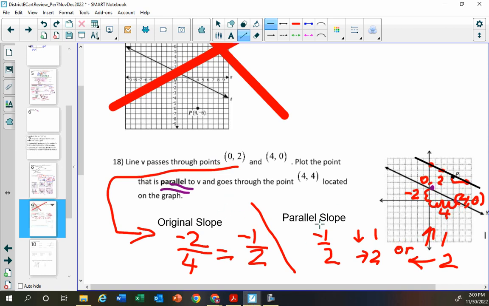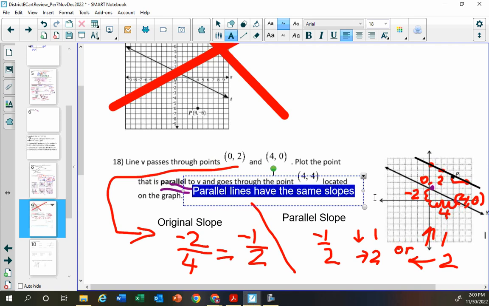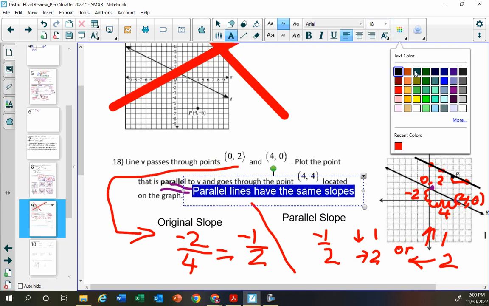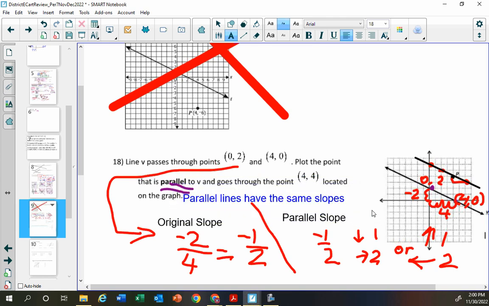So remember, parallel slope, same slopes. Parallel lines have same slopes. I can't tell you how many times we've said that. All right. So that's 18.